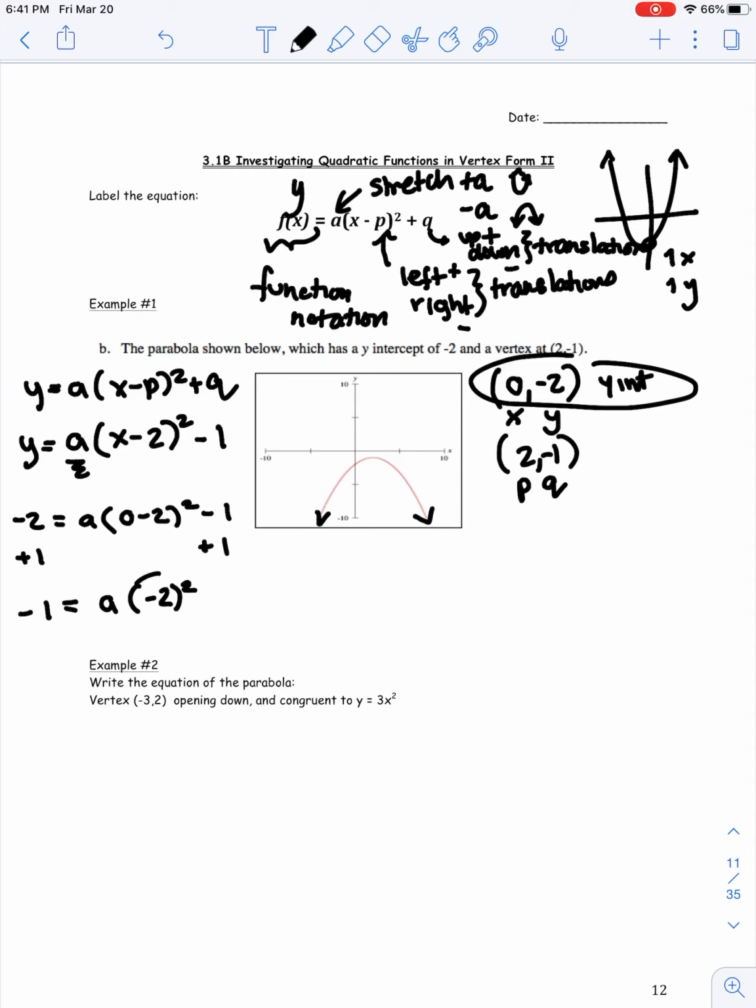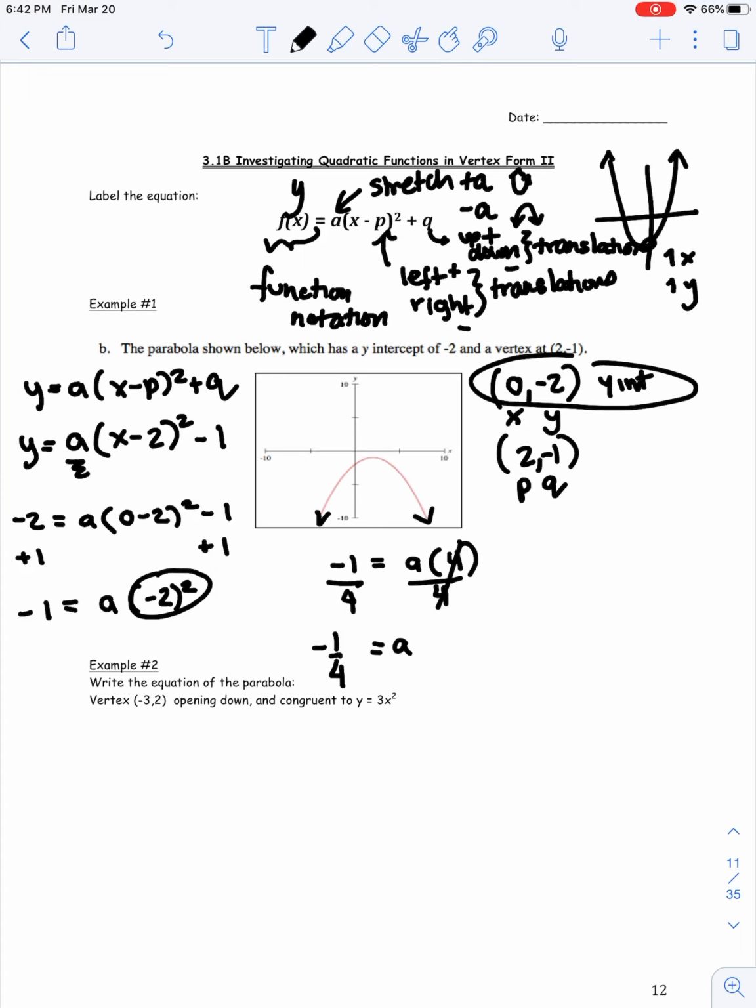So -1 = a times 4, because (-2)² is 4. Any negative squared becomes positive 4. Lastly, we divide both sides by 4 because it is multiplying with a. So we get that the a value is -1/4.